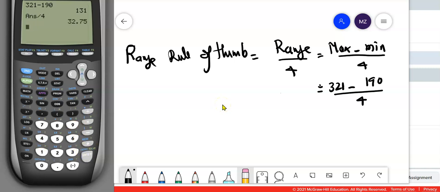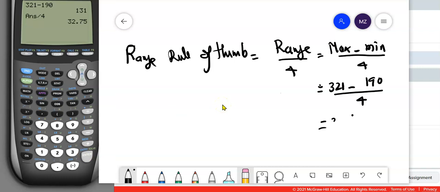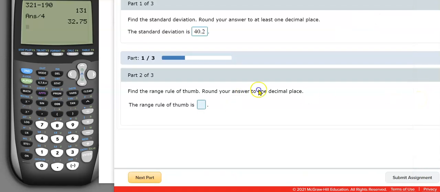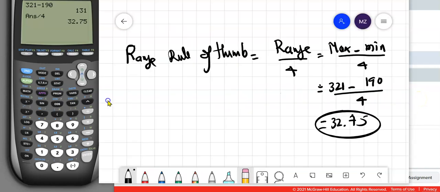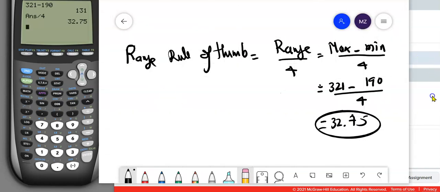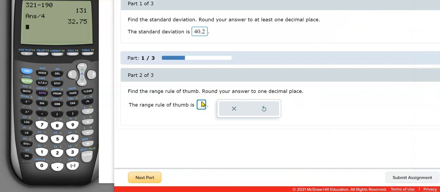And that's going to be 32.75. Okay, so here they want you to round it to 1 decimal place, so it's going to be 32.8. And that's basically it.